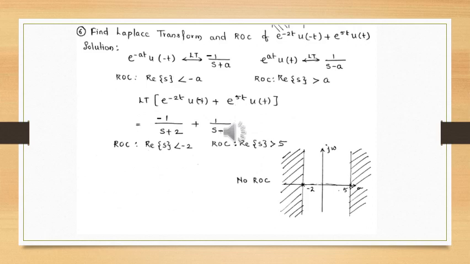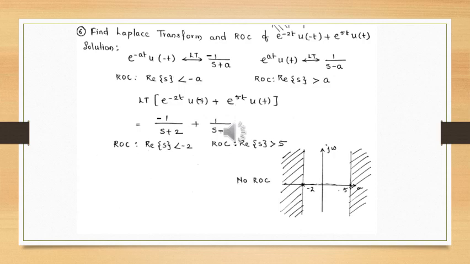Sixth problem is find the Laplace transform and ROC of e raised to minus 2t u of minus t plus e raised to 5t u of t. Using some reference formulas, we have e raised to minus at u of minus t gives us a Laplace transform minus 1 divided by s plus a, and e raised to at u of t gives us a Laplace transform 1 divided by s minus a.